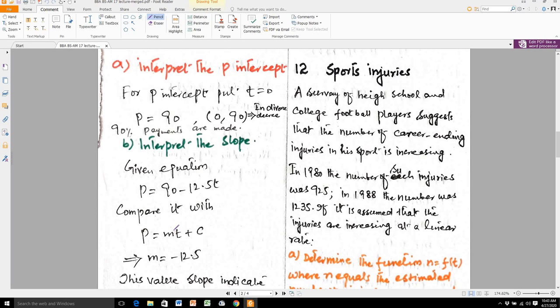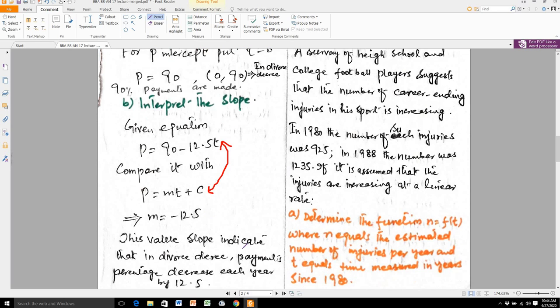If you compare these two equations, you clearly see that m is equal to minus 12.5. What is meant by this m, that is equal to minus 12.5?